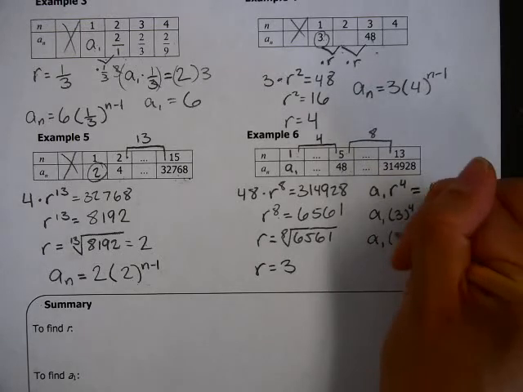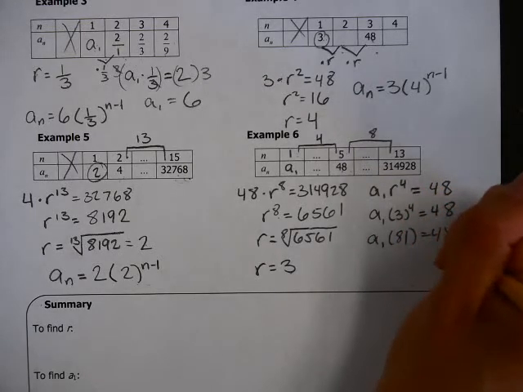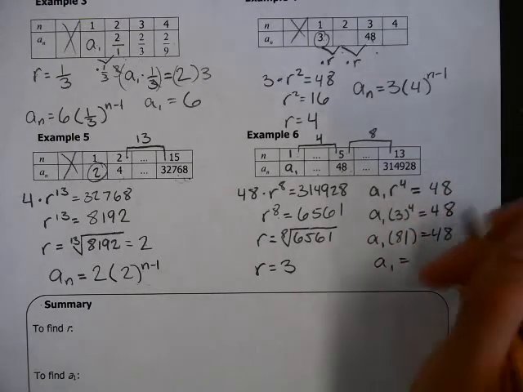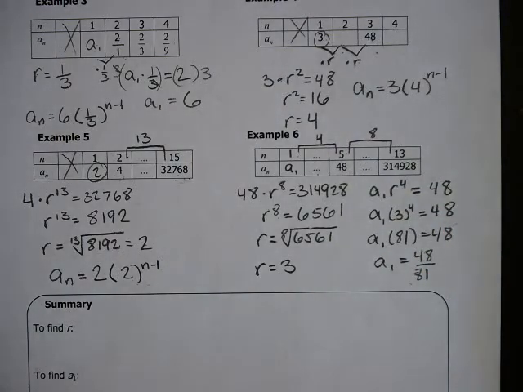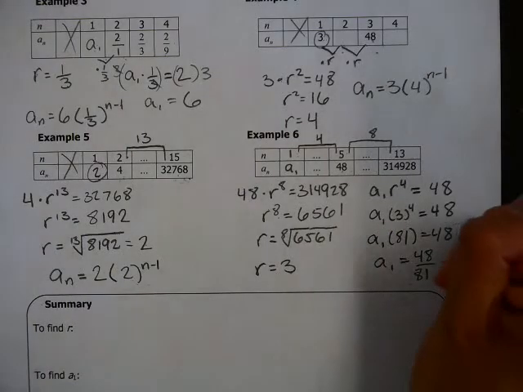a1 times 81. Divide both sides. 48 over 81. And we could reduce that. When we reduce it, we get 16 over 27.